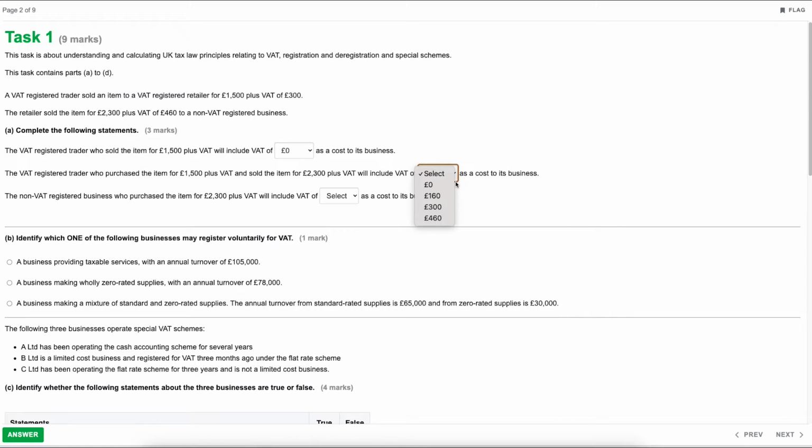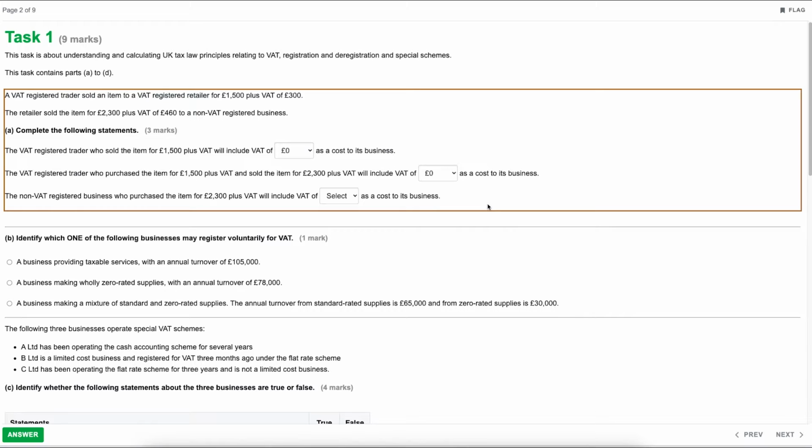They've then sold this item and there would be VAT on the sale. Now, at all points of this transaction, they are just holding the VAT for HMRC. It is not a cost to the business. We can either claim VAT back or we pay VAT across, depending on whether it's output tax or input tax. So at no point is that an actual physical cost or expense to the business. So that would be, again, 0.